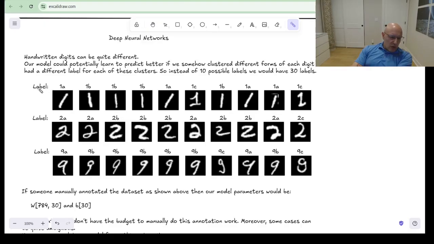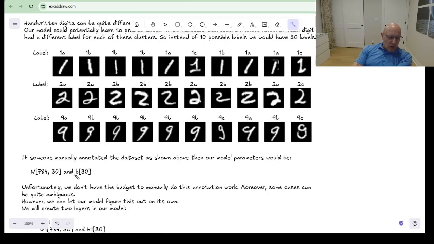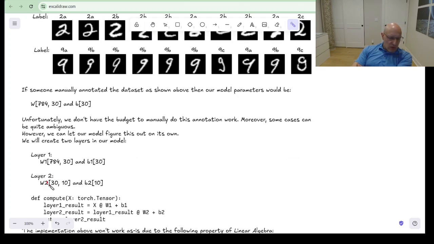So, for example, when we dealt with the MNIST dataset to recognize handwritten digits, we told the model you have the freedom to choose any 30 features, 30 ways to represent those digits, and then you need to shrink them down to the 10 labels that we want. We didn't tell the model how exactly those 30 should be represented. It was up to the model to do that.